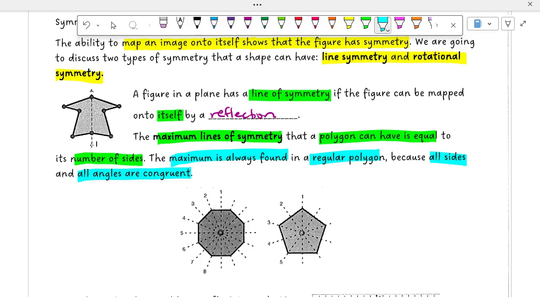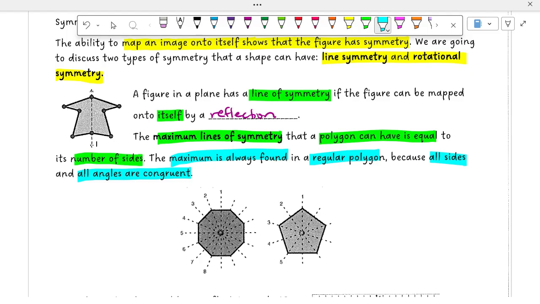Yes, what else? What about the angles? They're all 90 degrees, so they're all congruent. So a square is what we call a regular quadrilateral. All right. Meaning that all the sides are congruent, all the angles are congruent. So in the quadrilateral world, a square is a regular quadrilateral.